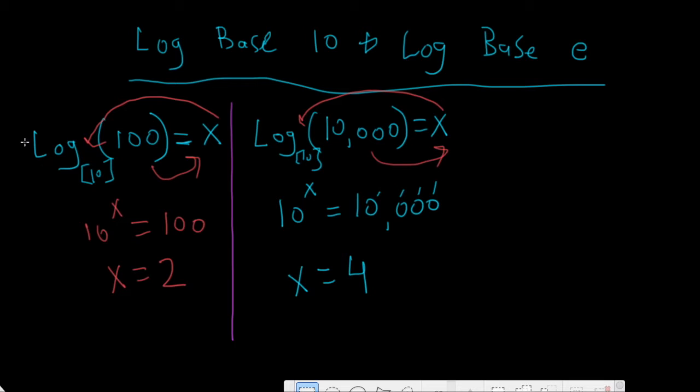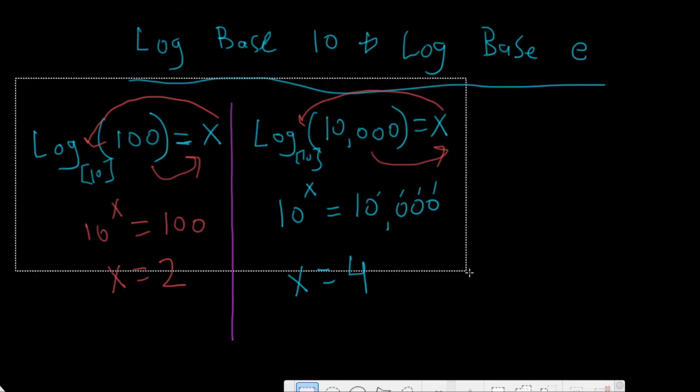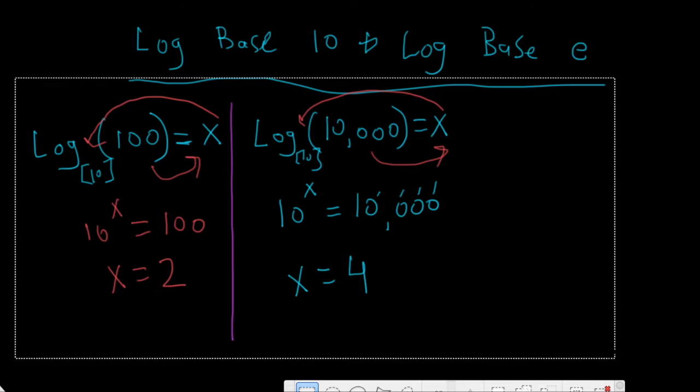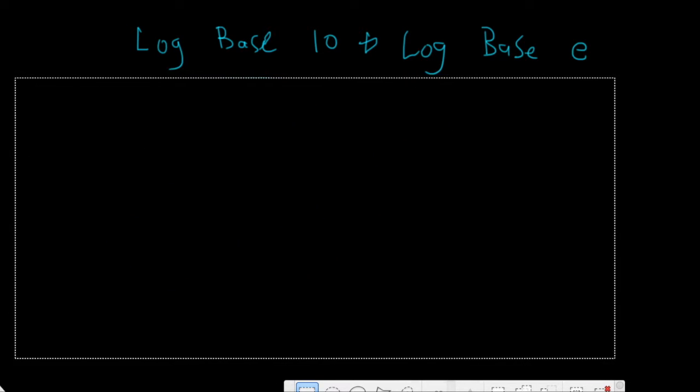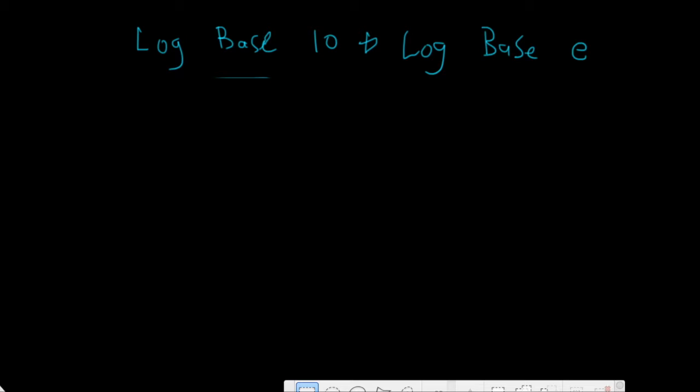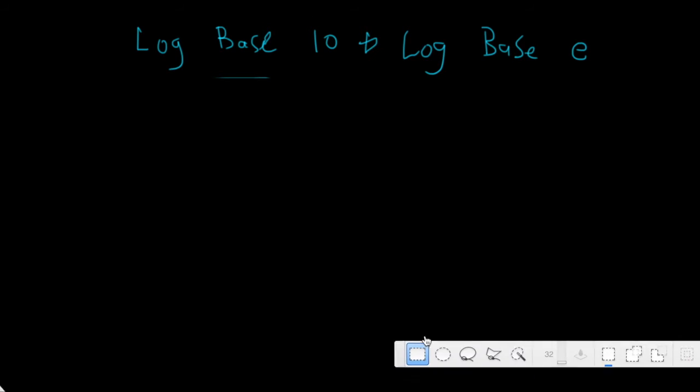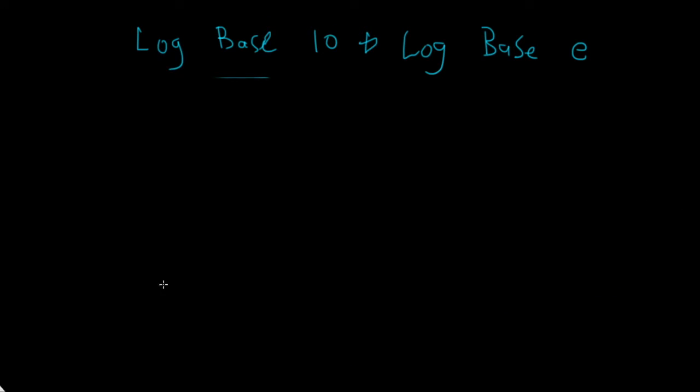Okay, so let's talk about e. Anytime we have something that looks like this, ln of 4 or something like that, what this means is log base e of 4.